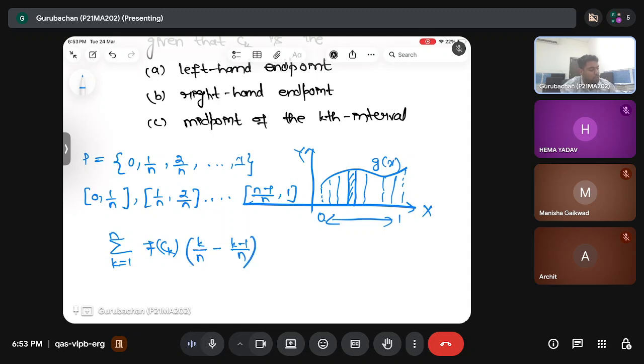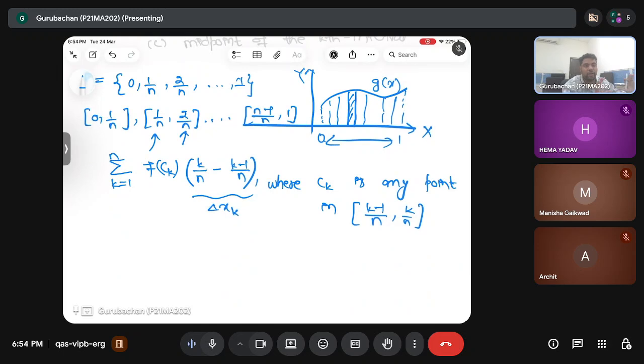Here it is the case because the endpoint is of the form k by n, and the other is of the form k minus 1 by n. In general, you write it as delta xk, where ck is any point in the subinterval k minus 1 by n to k by n.